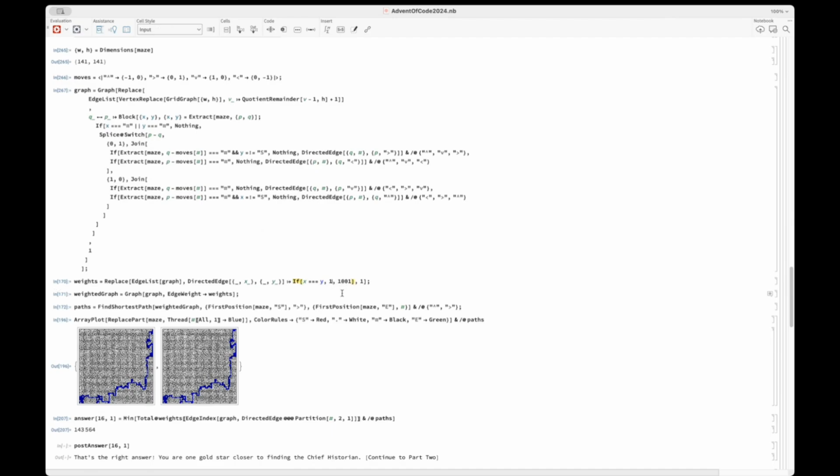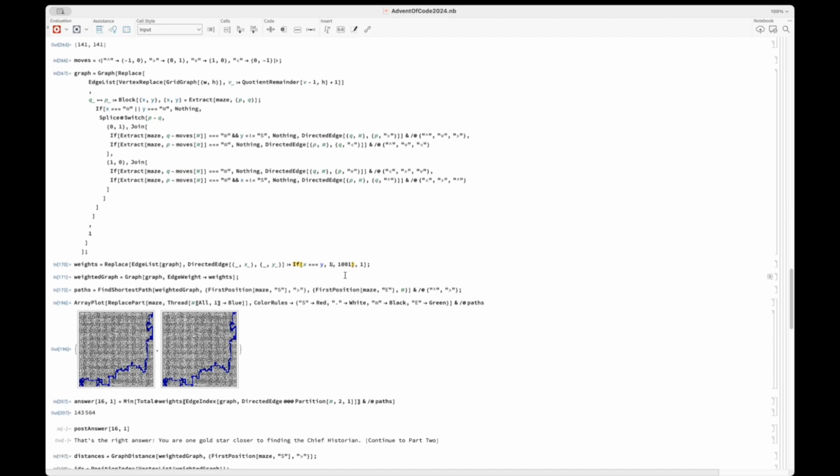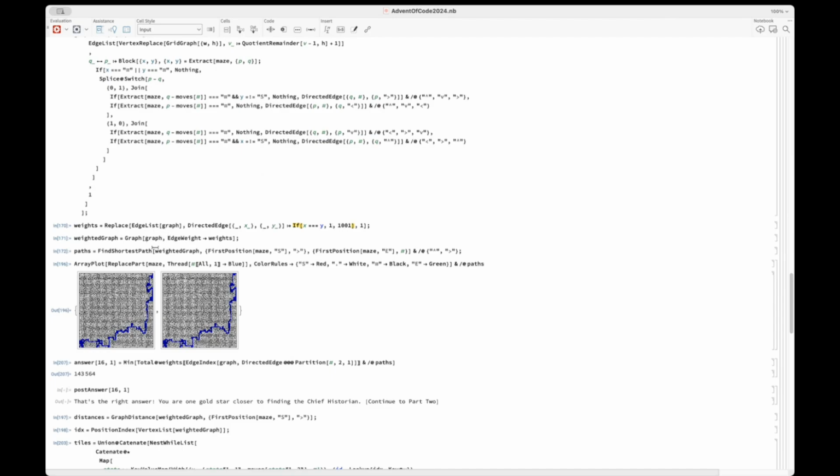If not, it costs 1000 plus 1. That's how you weight each of the edges in the graph, and then you compute all the paths. The paths already incorporate the weights, so the shortest path is found by summing all the weights along it. And then there are just two solutions.